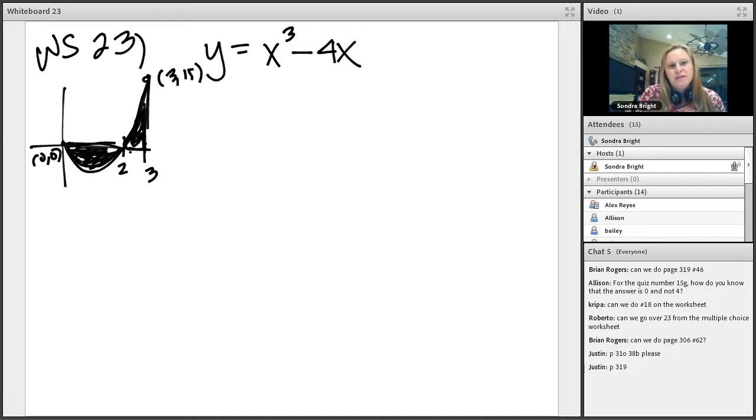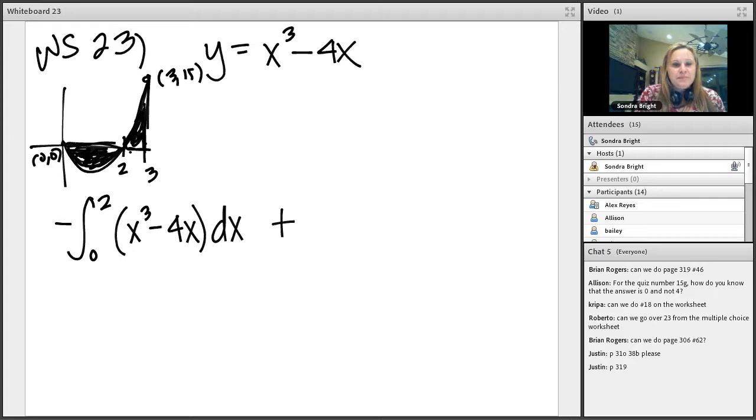So from 2 to 3 it's positive, but from 0 to 2 it's negative, and so I would do the negative, right? You can also take the antiderivative and then throw absolute value on each piece, but you do have to separate it into the part that is below the x-axis and the part that is above the x-axis.